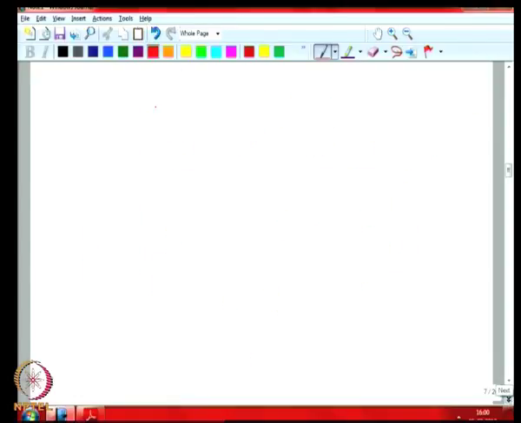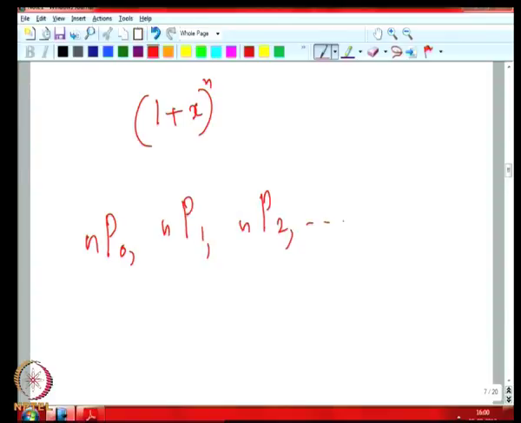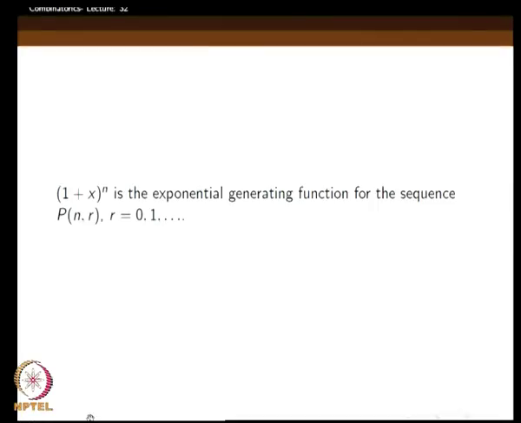Therefore, we see that 1 plus x raised to n is the exponential generating function for this sequence n p 0, n p 1, n p 2 and so on, while it was the ordinary generating function for n c 0, n c 1, n c 2 and so on.